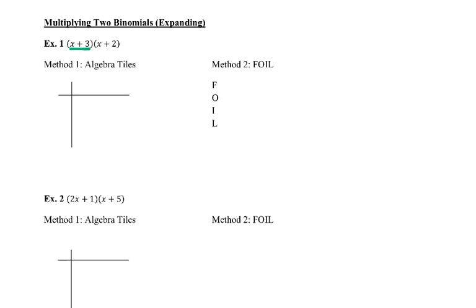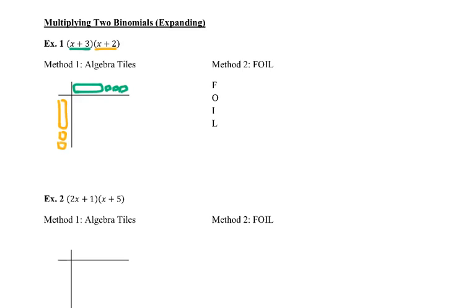So an x term is a long, skinny rectangle, and for the plus 3, we want to do 3 little squares. 1, 2, and 3. Our other term, x plus 2, we put on the vertical side, where the x is represented by a long, skinny rectangle, and the 2 is represented by 2 little squares.